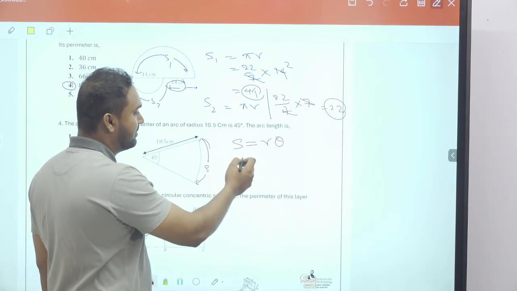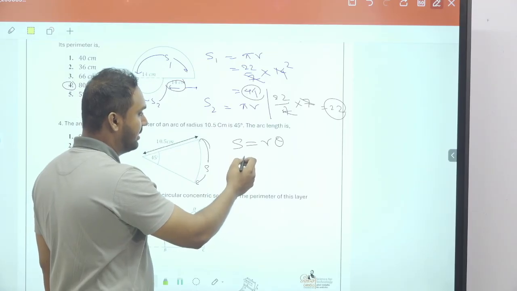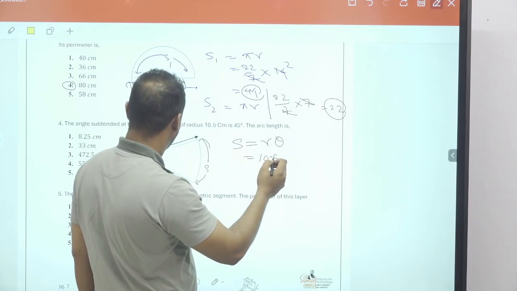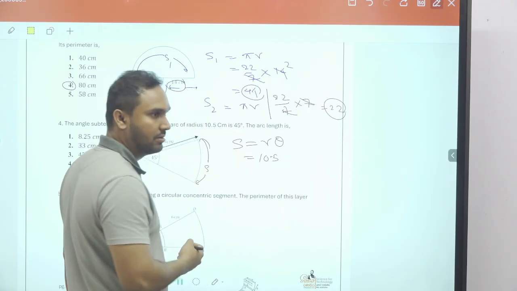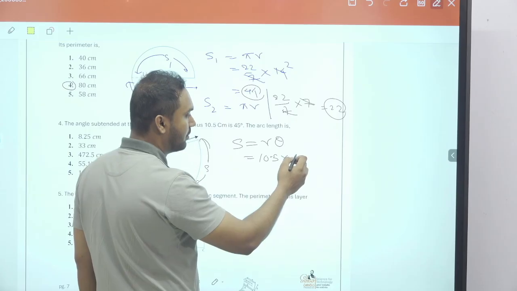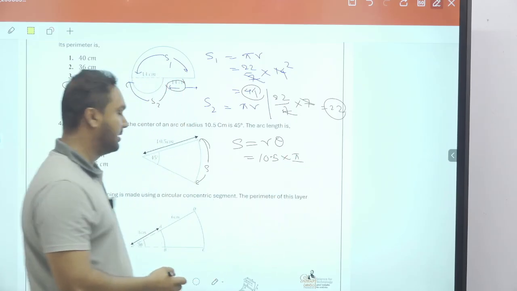So S equals r theta. Now you have to find the S. R is what? 10.5 centimeters. We'll put the units afterwards. So theta is pi over 4 because it's 45 degrees.